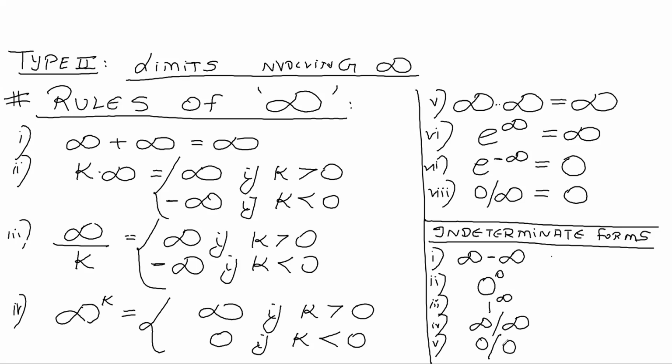We don't know the value of 0 into infinity, and we don't know the value of infinity by 0. So you all should be familiar. Suppose in the question you get one of these, you cannot calculate the limits because these are indeterminate forms.